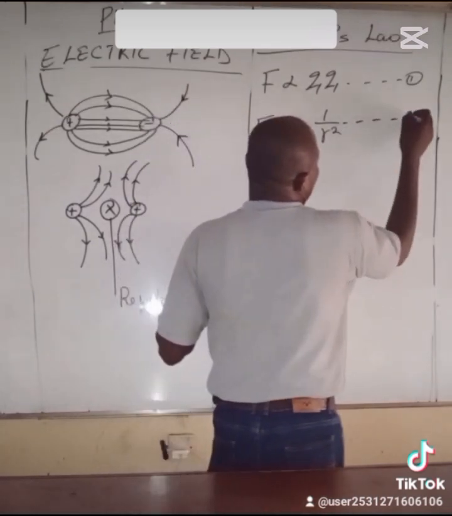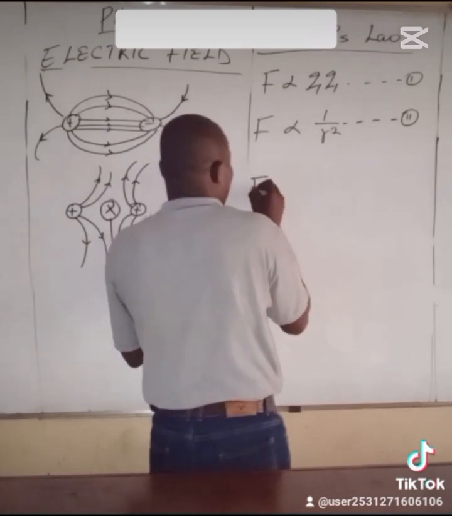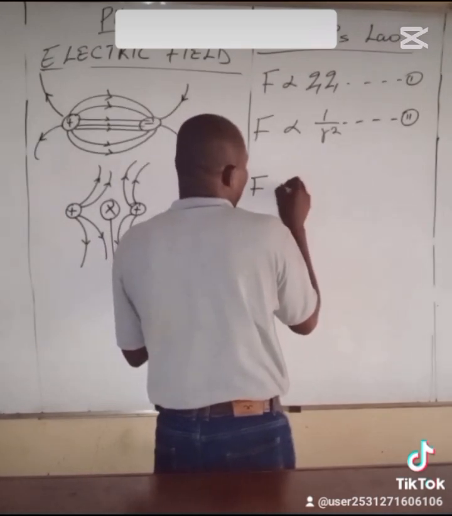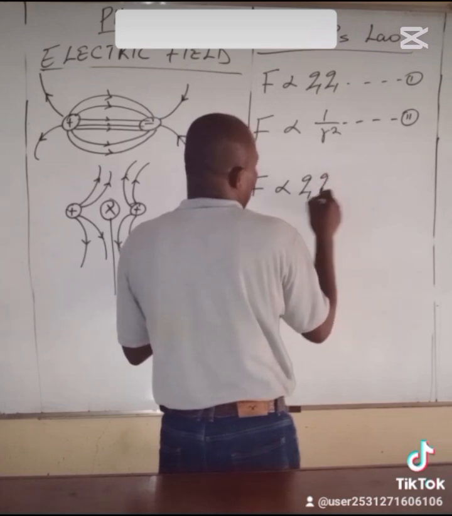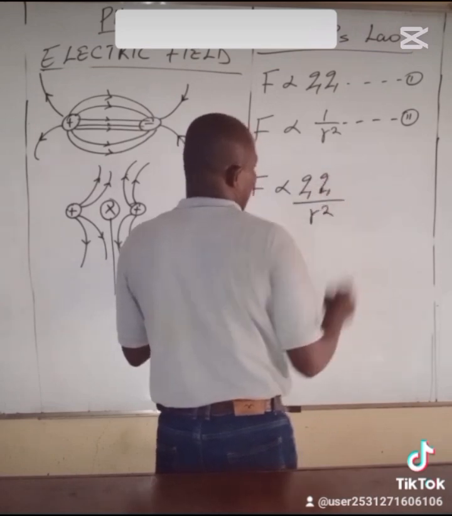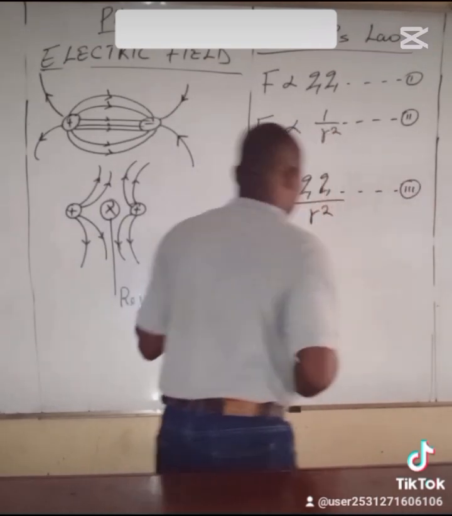So I can call that equation 2. Now, combining equations 1 and 2, we have that F is directly proportional to Q1 Q2, and it is inversely proportional to the square of the distance of separation. So we can call that equation 3.